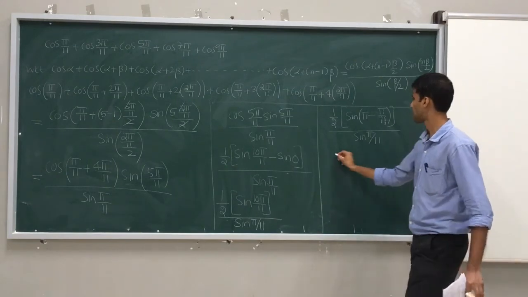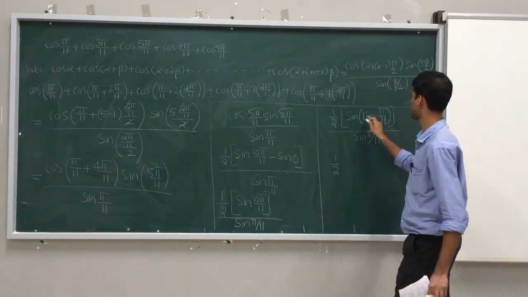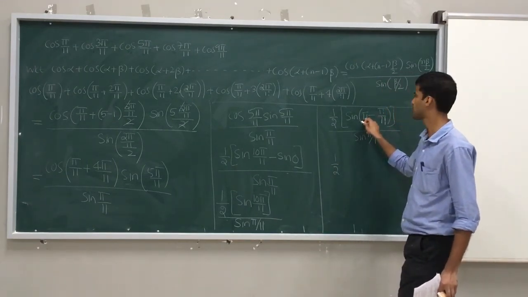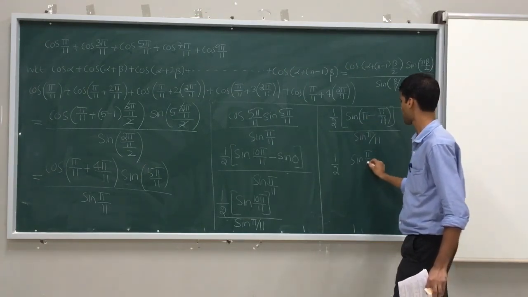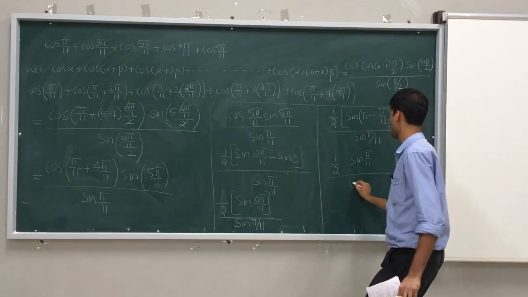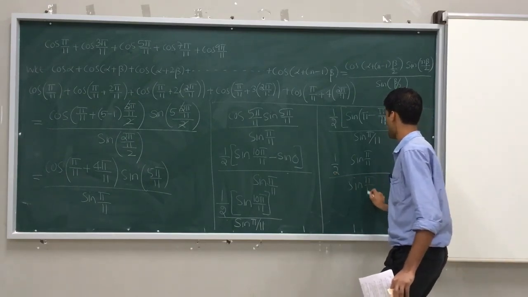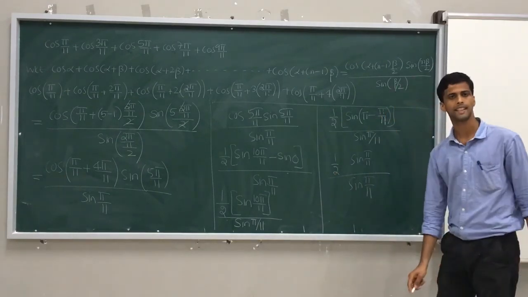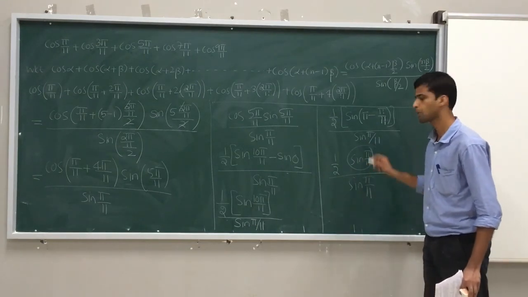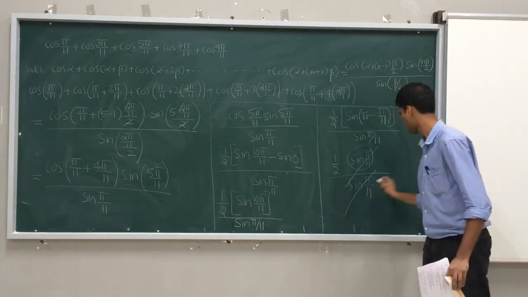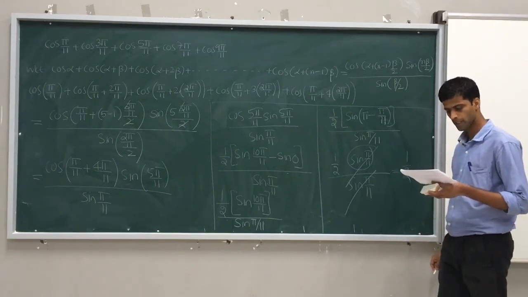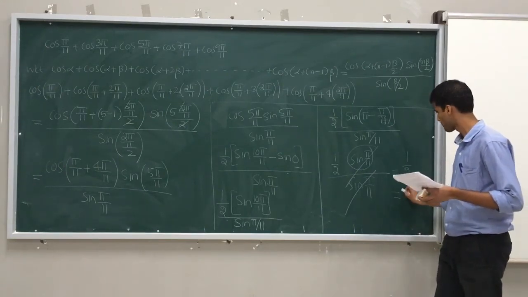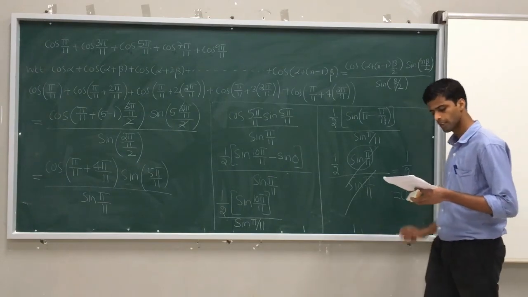So 1 by 2 into sin of 180 minus theta. 180 is 2 into 90, 2 is even, so the function does not change, that is sin pi by 11 divided by sin pi by 11. 180 minus theta means second quadrant, and in the second quadrant sin is positive. So sin pi by 11 cancels, leaving 1 by 2, which in decimal is 0.5. So 0.5 is the right answer for this particular question.